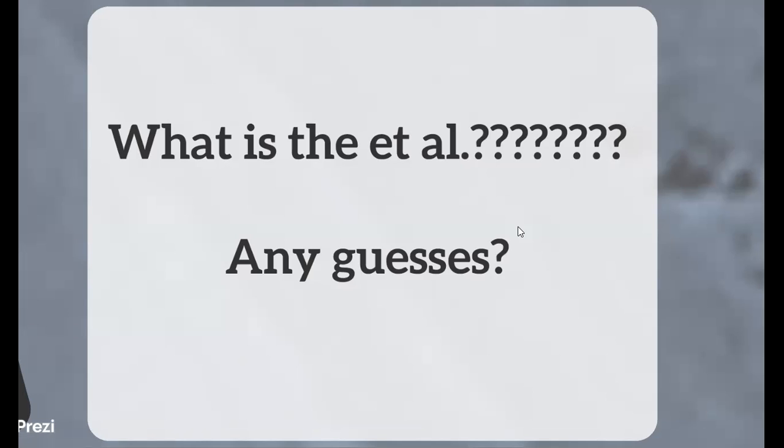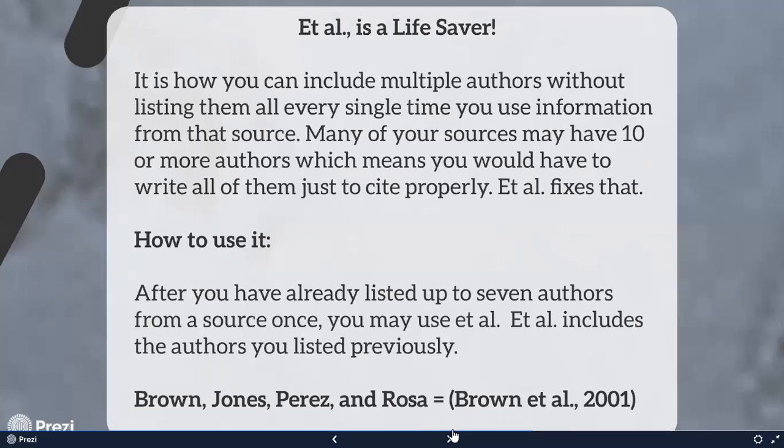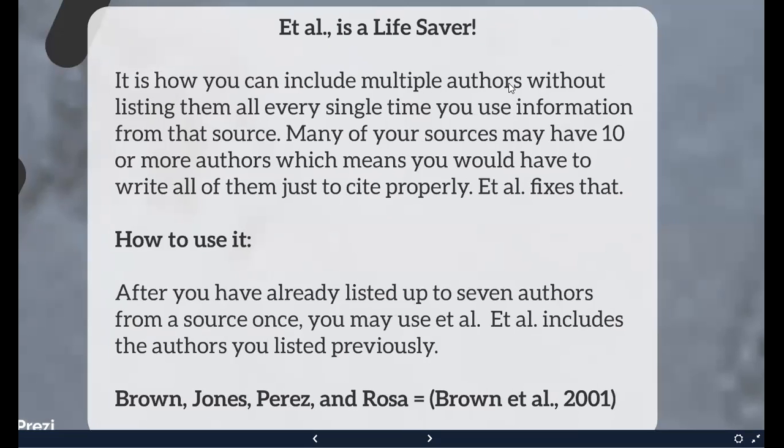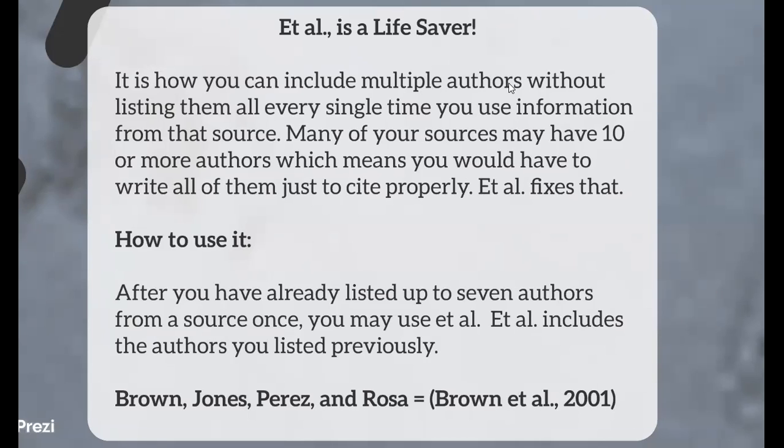Okay, pag 3 na sila, you are going to use et al. So et al is a lifesaver. So it is how you can include multiple authors without listing them all every single time you use information from that source. Many of your sources may have 10 or more authors, which means you would have to write all of them just to cite properly. But et al. fixes that.